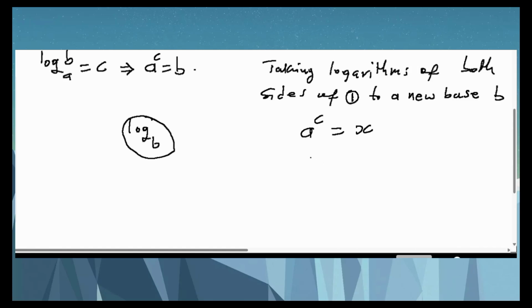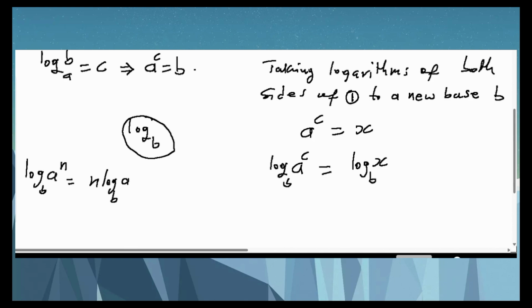So we're going to have log a raised to the power c base b equal to log x base b. Now, according to our third law of logarithms, we saw that log a raised to the power n base b is going to be equal to what? n log a base b, isn't it?